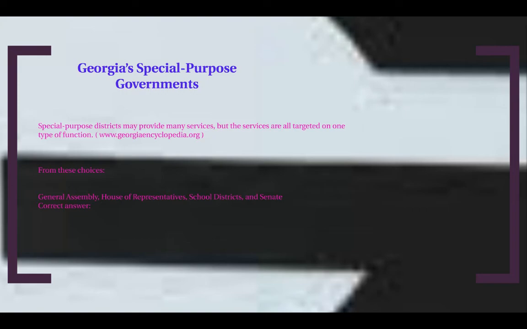Georgia's special purpose governments. Special purpose districts may provide many services, but the services are all targeted on one type of function. And this came from GeorgiaEncyclopedia.org. And from these choices, here's a question. The General Assembly, the House of Representatives, school districts, and the Senate.